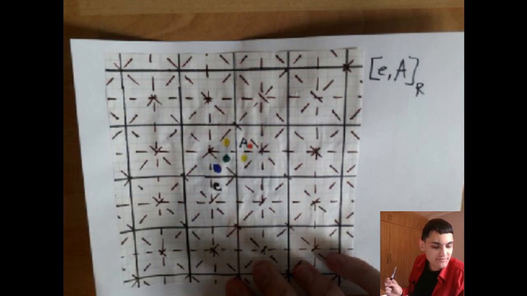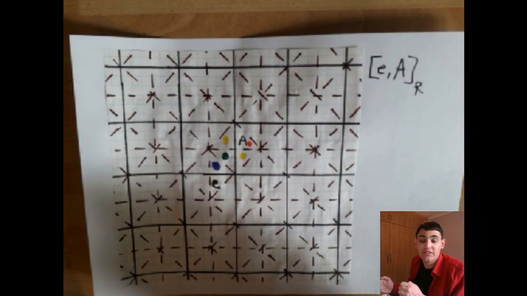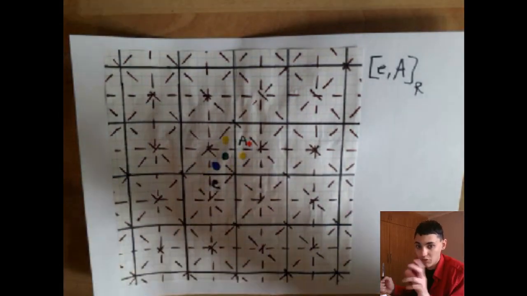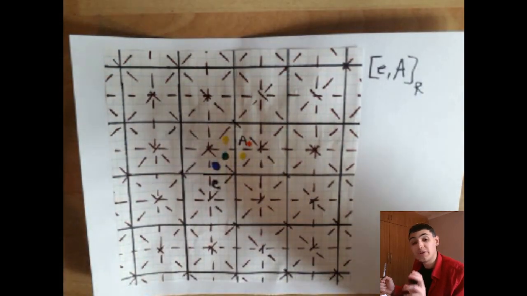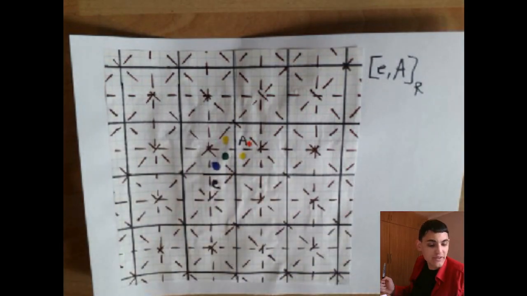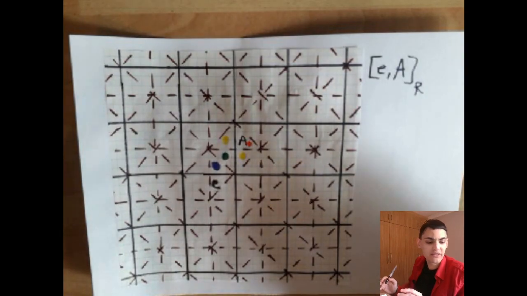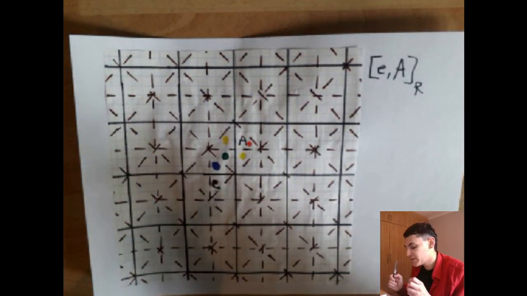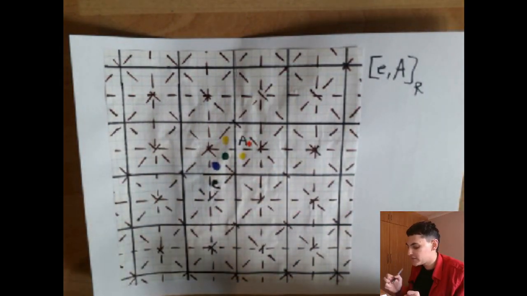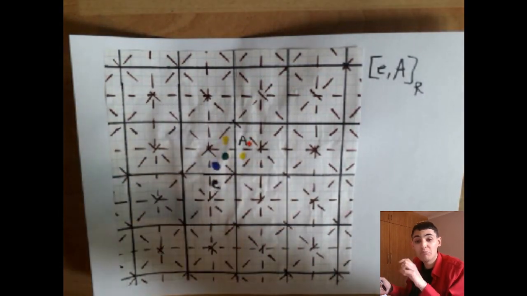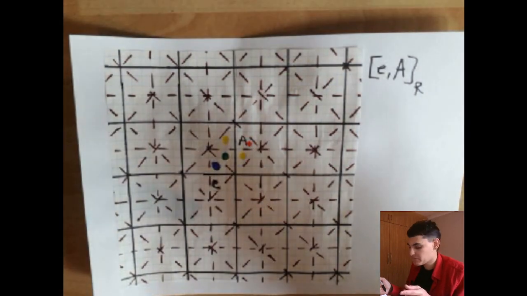Okay, and that's because the weak order is only interested in either prefixes or suffixes, depending on which weak order you're using. And what's interesting is that this interval is precisely characterized by the reflections that enclose both E and A. And what does that mean?